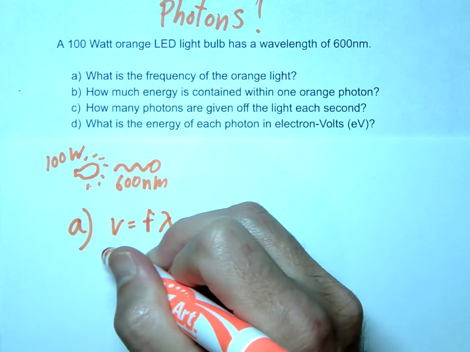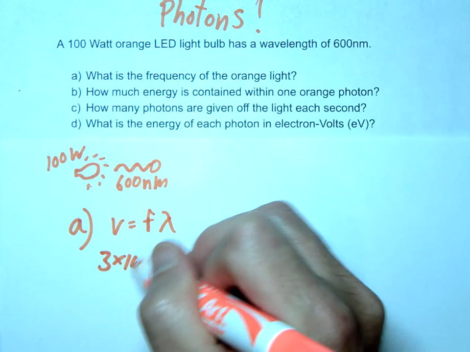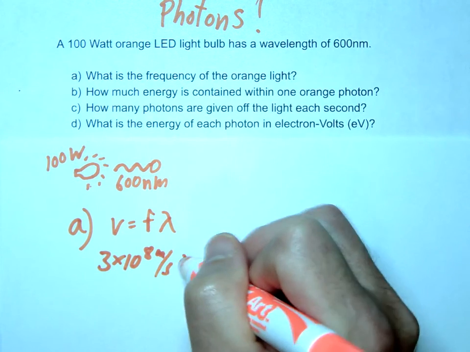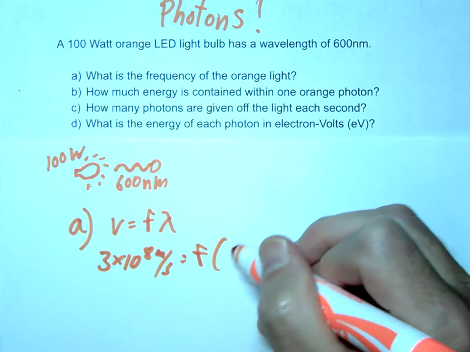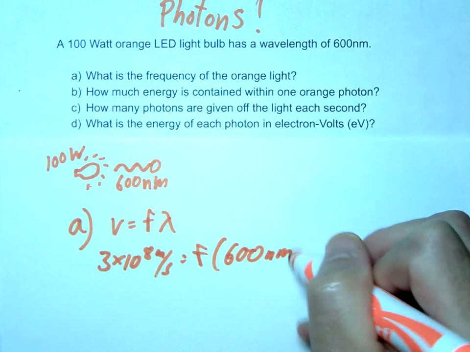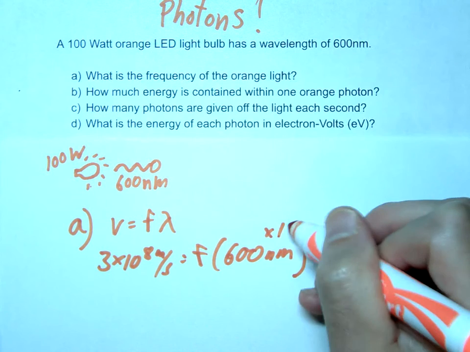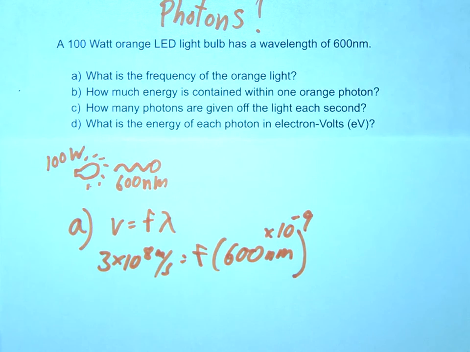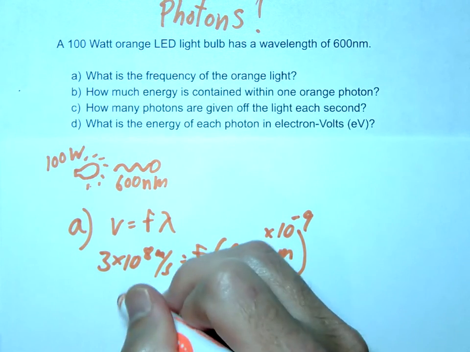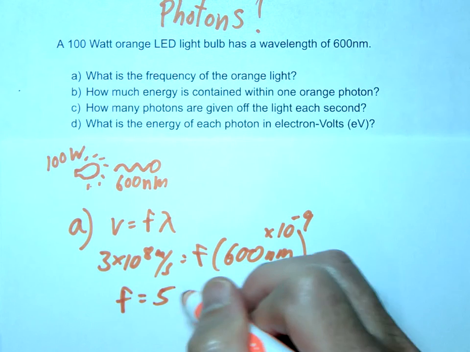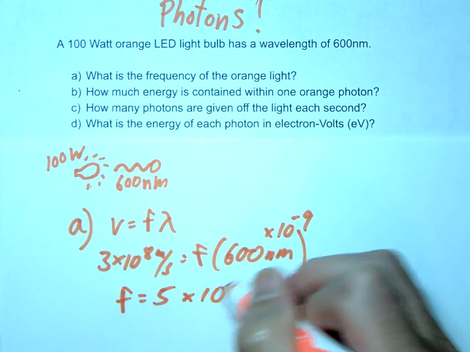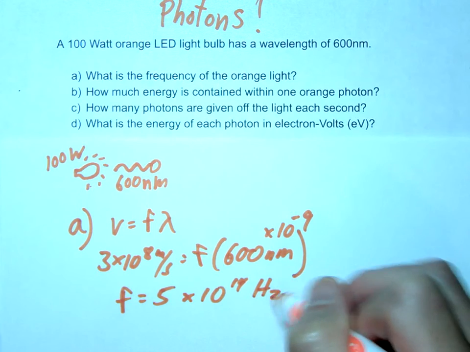So v equals f lambda. The speed of light is 3 times 10 to the 8th. And the wavelength in this problem was 600 nanometers, which is 10 to the negative 9th. Alright, go ahead and plug that in. You should get a frequency of 5 times 10 to the 14 hertz.